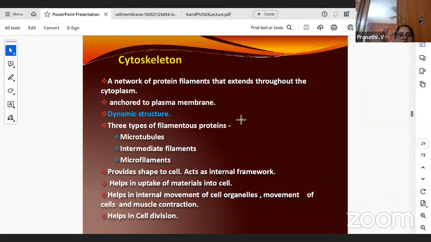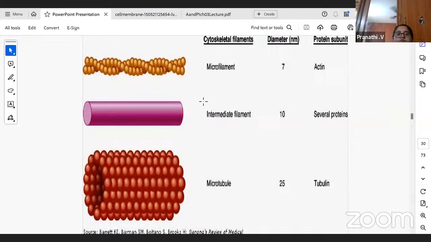It is the structural framework, and it helps in the uptake of materials inside the cell, the movement of different cell organelles, muscle contraction, and cell signaling pathways. All of it is because of the cytoskeleton. In cell division also, the cytoskeleton plays an important role.